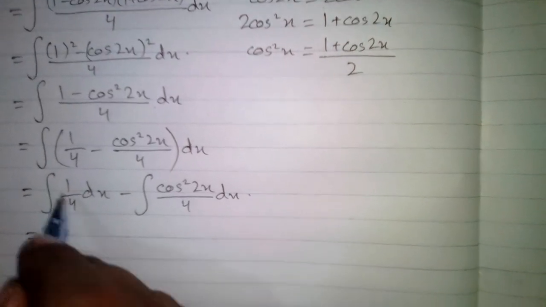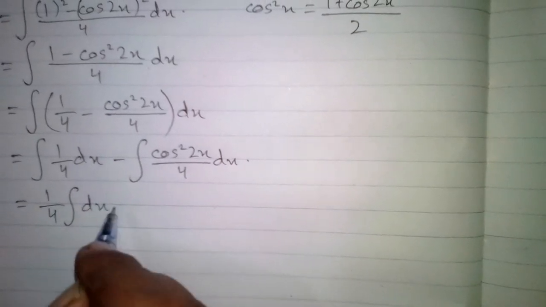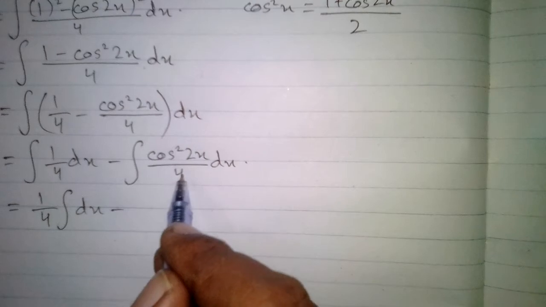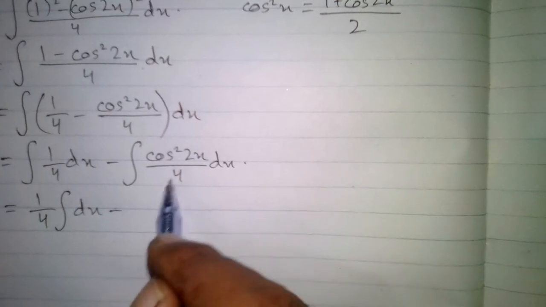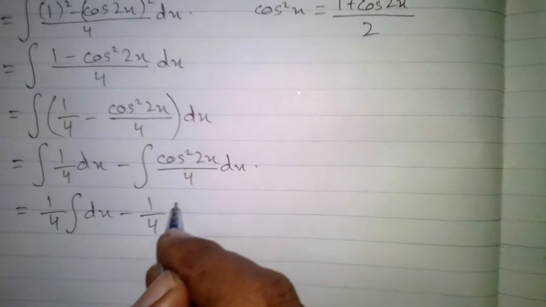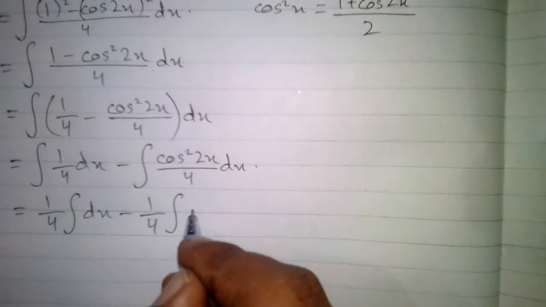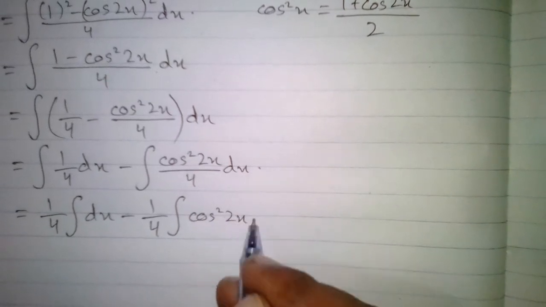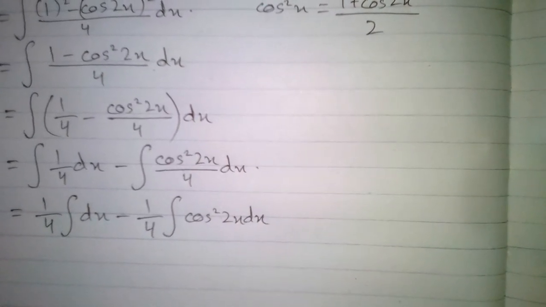Now this fraction 1 upon 4 can be written in front of the integral. So we have 1 upon 4 integral of dx minus, and this 4 which is in the denominator can be written as 1 upon 4 in front of the integral. So we have minus 1 upon 4 integral of cos square 2x dx.